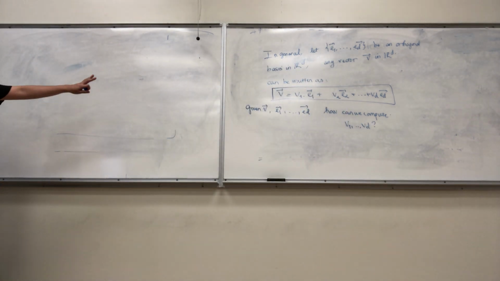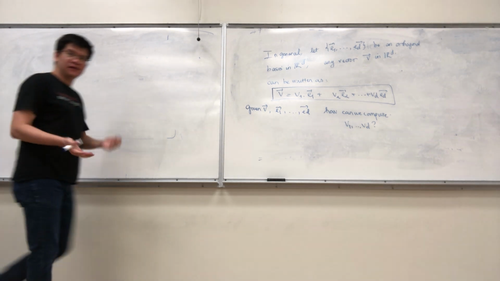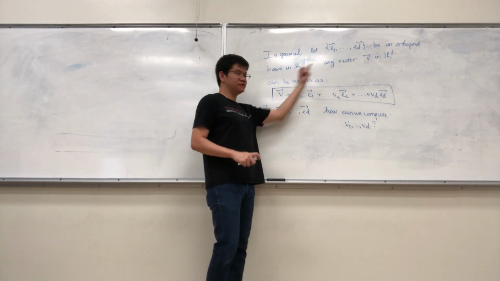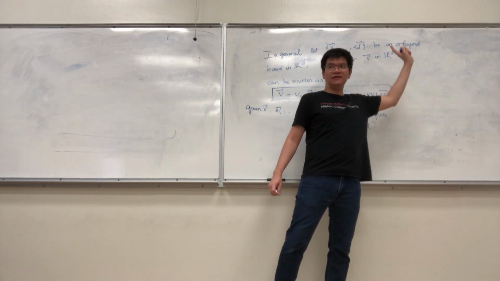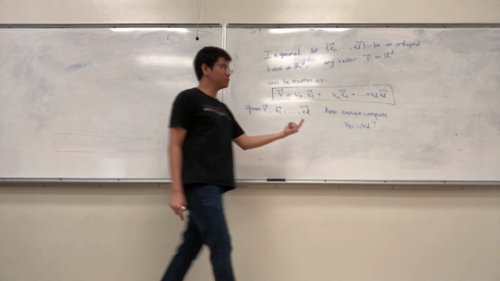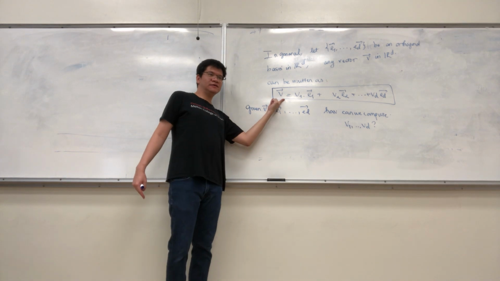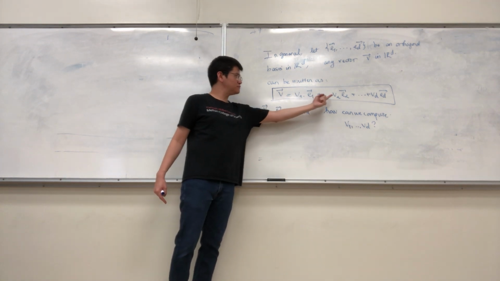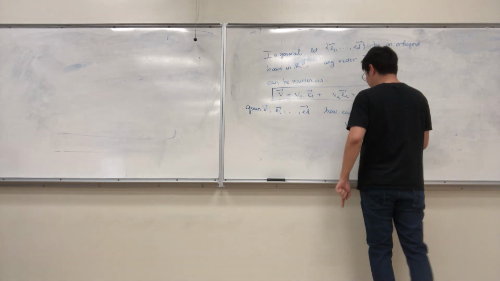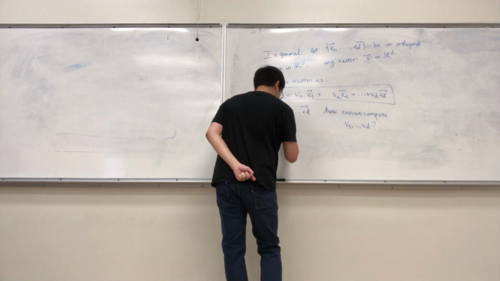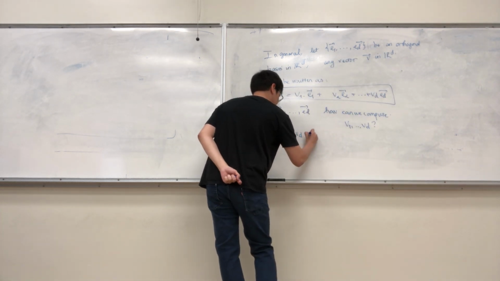Now, in D dimension, I have a vector V, right? And I have an orthogonal basis, E1 to ED. I can decompose V as the sum of V1 E1 plus V2 E2 plus VD ED, right? Important remark is that V1, VD, they are numbers.